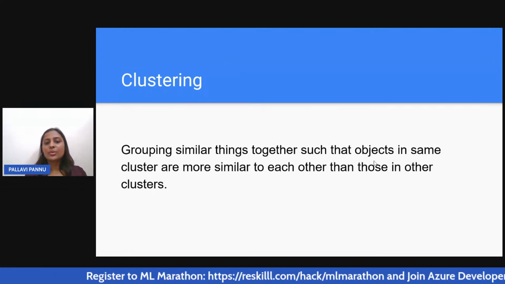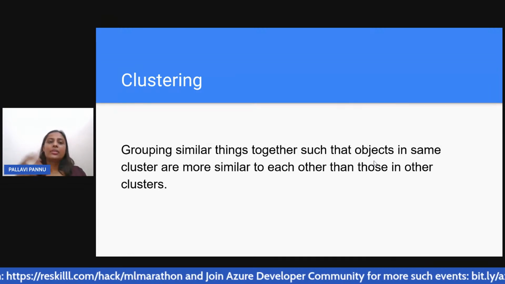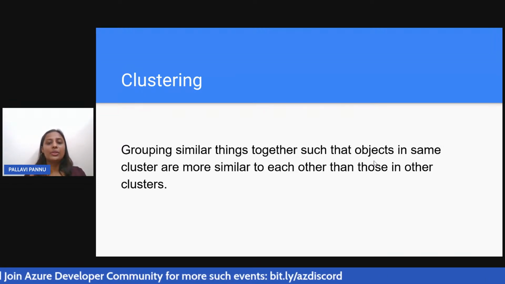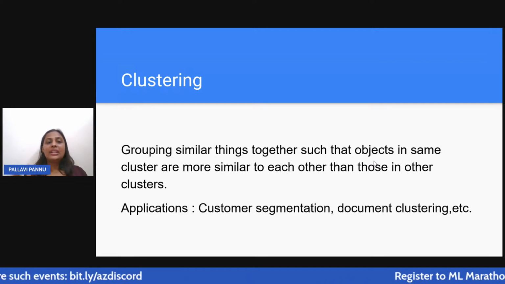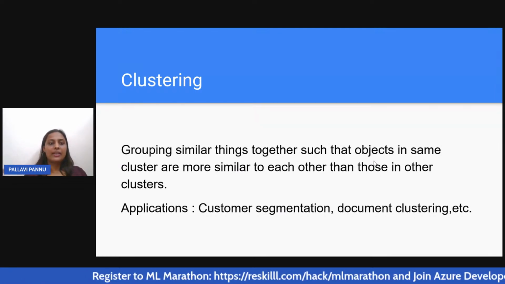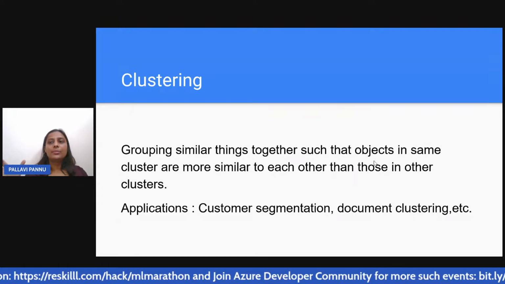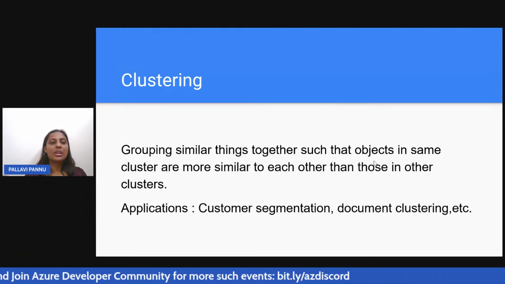It groups similar things together such that objects in the same cluster are more similar to each other than to those in another cluster. What are the applications? Suppose someone says, I have a grocery store and I want to segment my customers based on how much they are buying. Someone is inclined towards electronic items, someone towards shopping items.